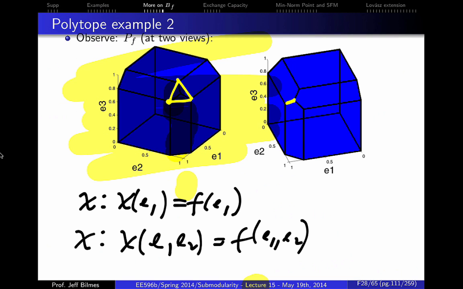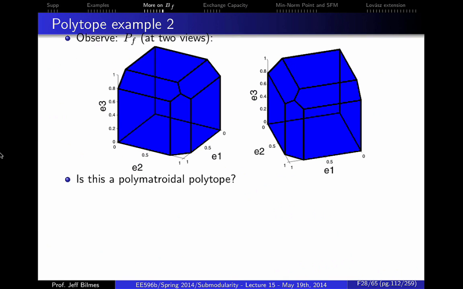We're intersecting the triangle. That's x of E1 plus x of E2 is equal to this constant f of E1, E2, which is just this negative 45 degree plane in R3. We're intersecting. Obviously, x of the empty set is equal to 0. That's not going to be intersecting, but that's just this point down there at the origin, right? Does that answer your question?